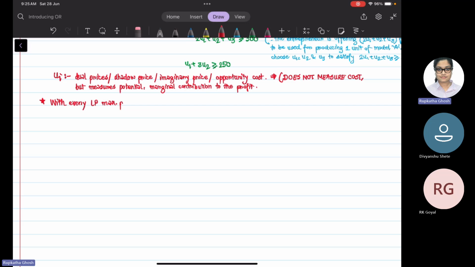Okay, so with every LP maximization problem, there is always an associated LP minimization problem and vice versa. Therefore, LP problems exist in pairs. Had your original problem been a minimization problem, that would have been your primal.